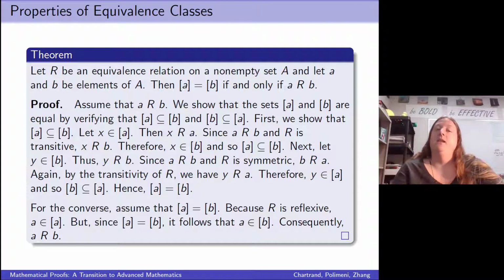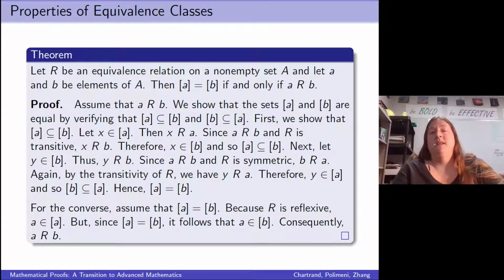So we're going to take an element y in the equivalence class of b. Now, y is related to b by the definition of an equivalence class. And we have that a is related to b. We've assumed that. Now, since R is symmetric because it's an equivalence relation, that means that b is also related to a.